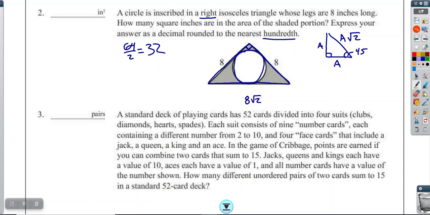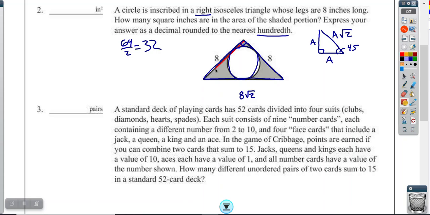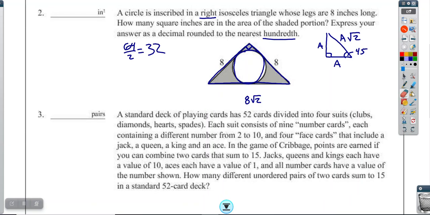So I'm going to go ahead and erase this just to make it a little bit easier for me to draw. At this point I'm really tempted to drop an altitude here, and so that is going to give me a right angle.